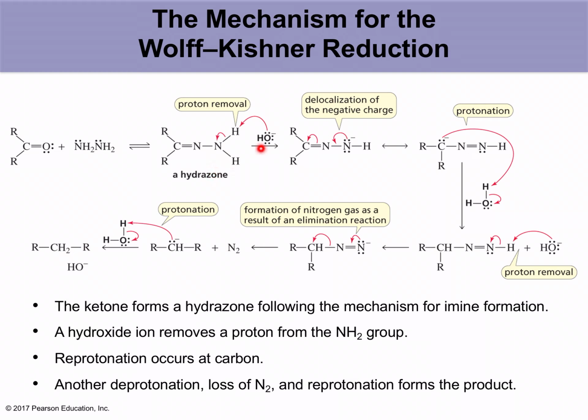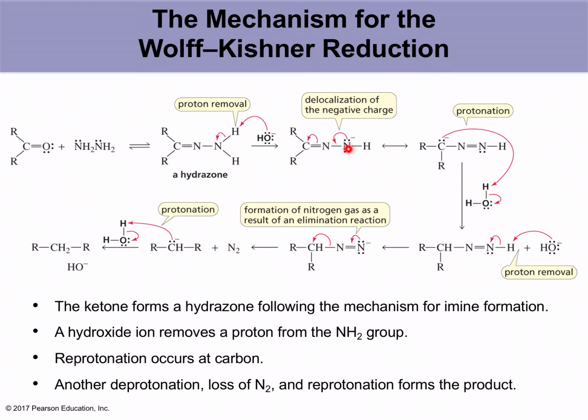And for this mechanism, we also need a base. So once a hydrazone is formed, what's going to happen? Hydroxide ion will remove a proton from this nitrogen and form this intermediate, nitrogen with a negative charge and 2 lone pairs. Now, this one can be resonance stabilized. Always, when you have a double bond and then on the next atom you have a lone pair, there is a possibility that this can undergo resonance.